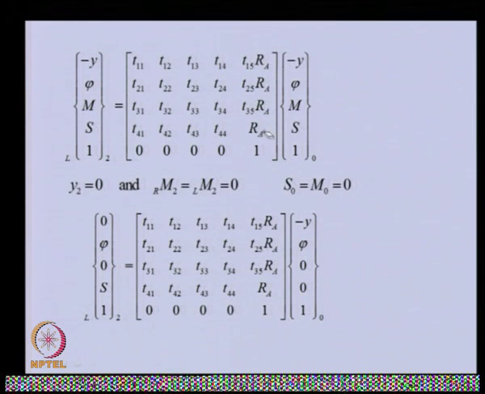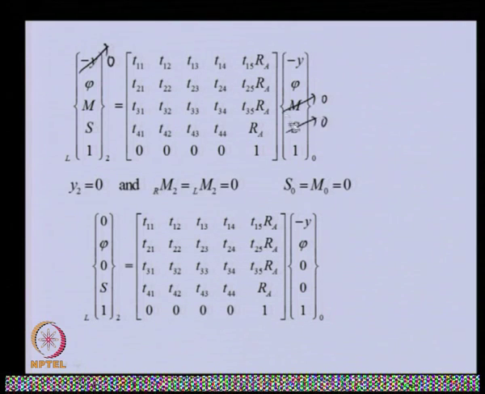Now, because this is the overall transfer matrix, we can apply the overall boundary conditions of the problem. So at node 2 we have this particular displacement equal to 0, because this is a simply supported condition. At the 0 station we have a free end condition, so bending moment and shear force are 0.